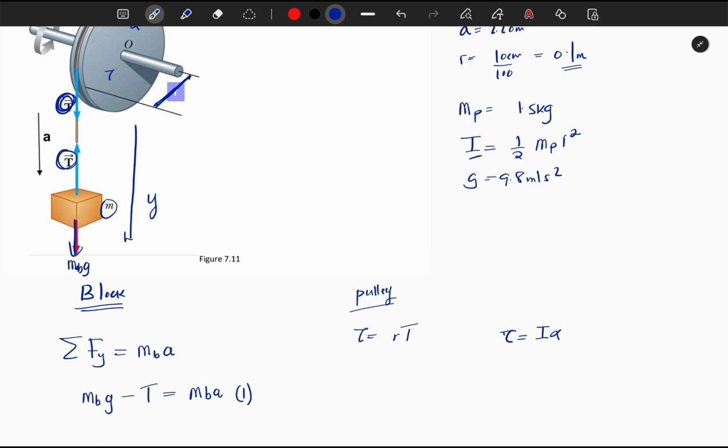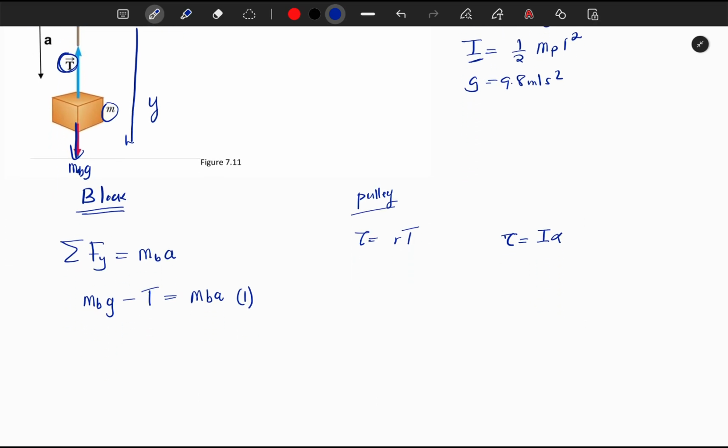This is why we needed this to be found first. So this is another formula. We know that torque is equal to R times tension, but also that torque is equal to moment of inertia multiplied by angular acceleration. So we can now make a substitution. Where there is torque, we just put moment of inertia times angular acceleration is equal to RT.